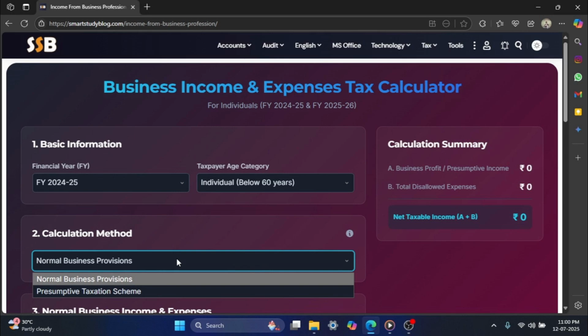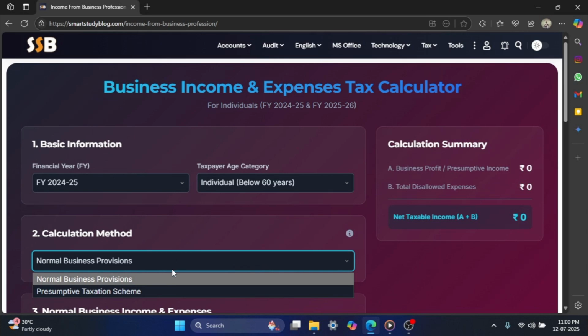Every single income, every single expense, item by item. Right, the traditional way. Exactly. Now, the presumptive scheme simplifies things massively. It basically presumes your income is a fixed percentage of your turnover or receipts. The trade-off? Under presumptive, you generally can't claim deductions for other specific expenses. So it's really a choice between detailed accounting versus streamlined simplicity.